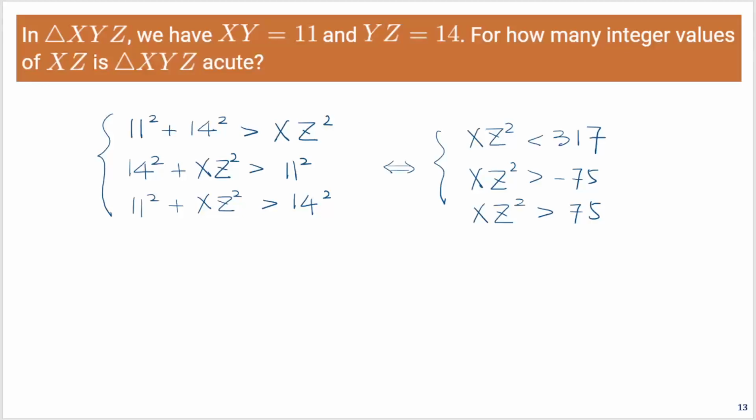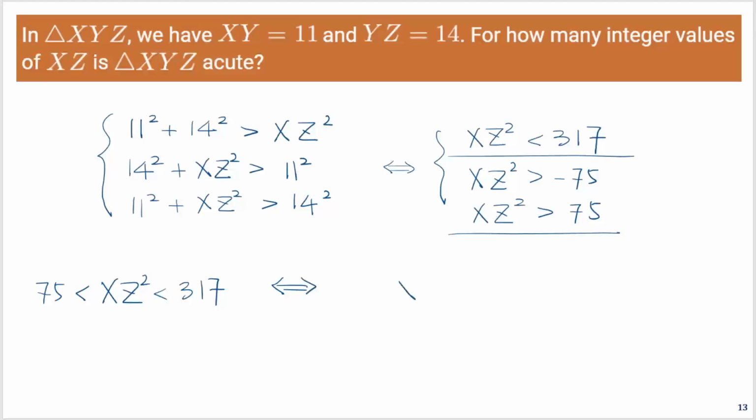So that leaves us XZ squared must be less than 317 and must be greater than 75, right? So combining these two gives us that XZ squared must be greater than 75 and less than 317.